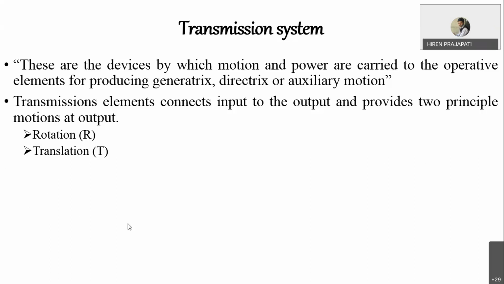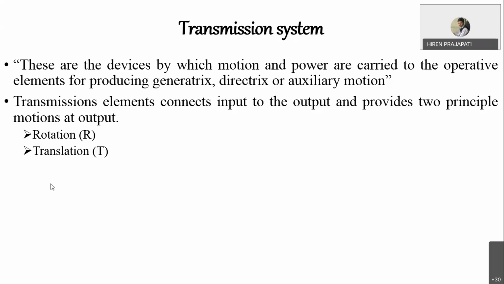Here the same prime mover, the same main source of energy, the electric motor, is giving rotational motion, which is transferred to the machine tool at two different operative elements. One operative element is the spindle, where we want rotary motion, and the second is the carriage, where we want longitudinal feed.